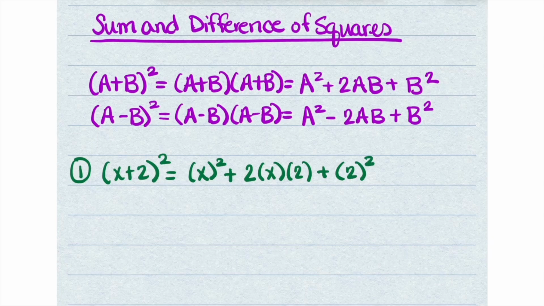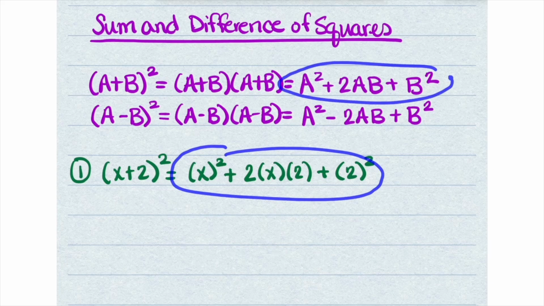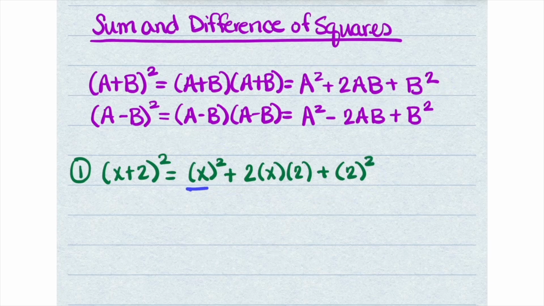Y'all see that? This matches this property here. Square the first term, take 2 times the first times the second term, and then square the last term. So then you end up with x squared plus 4x plus 4.